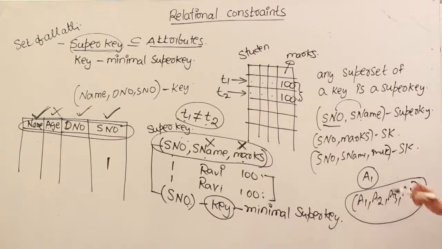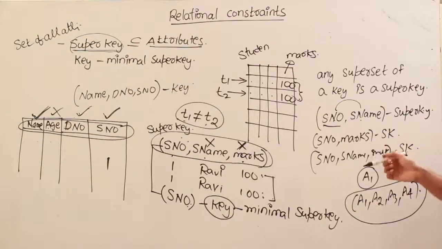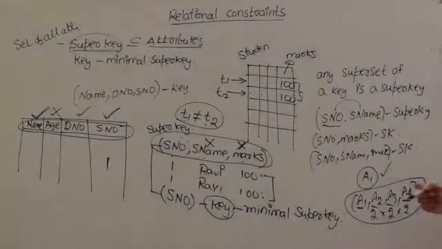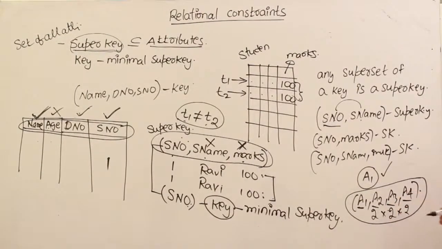The number of super keys possible will be the number of supersets containing a1. Then how many supersets will contain a1? We already include a1 into that super key. Along with that, you may include each of the others or not: 2 into 2 into 2. Therefore 8 super keys are possible.